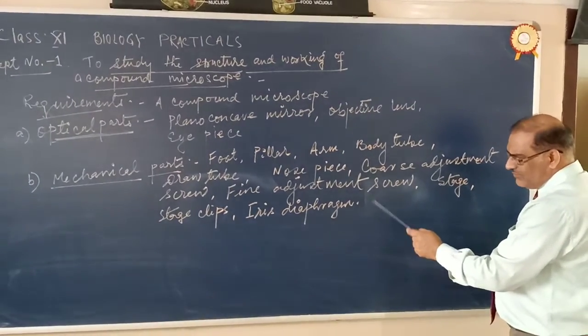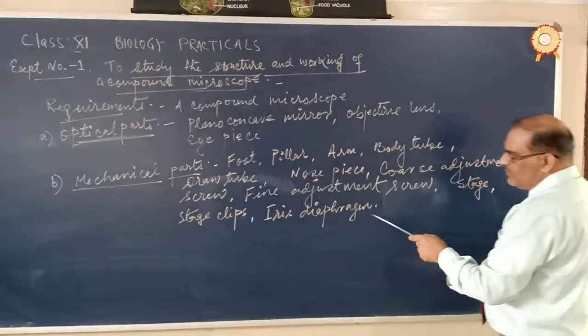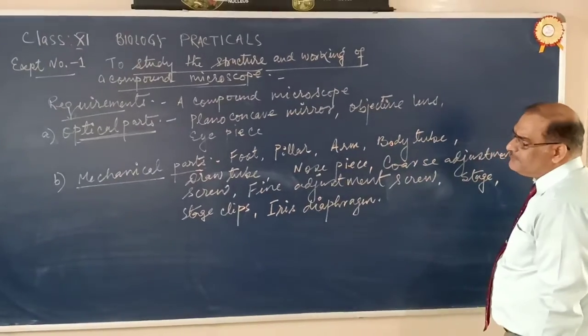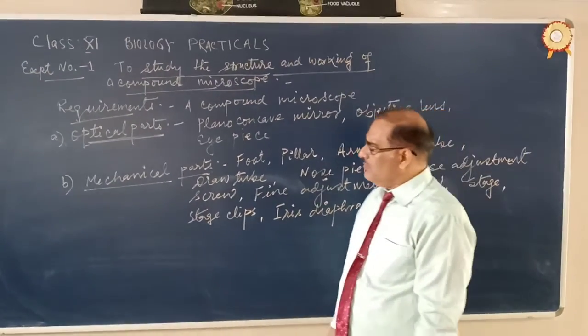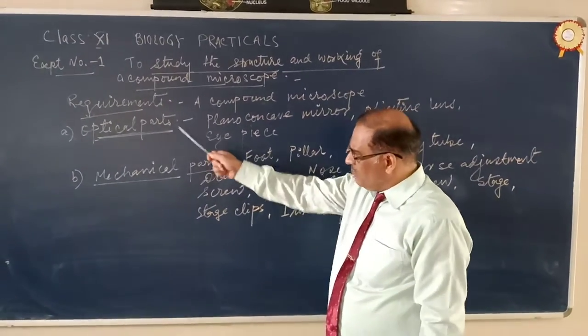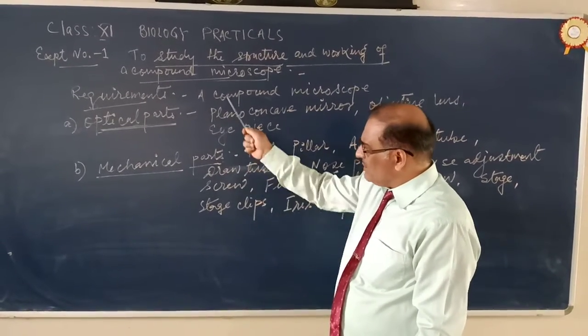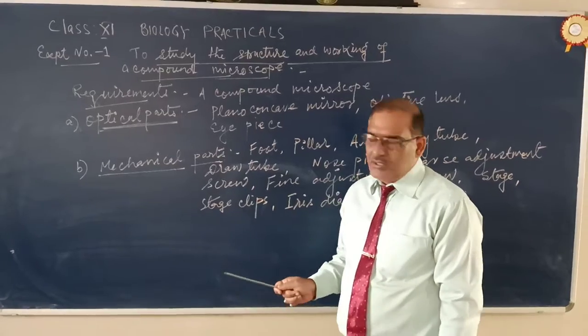It has a lens also. So these are the mechanical parts, and those were the optical parts. This is about the structure of the compound microscope.